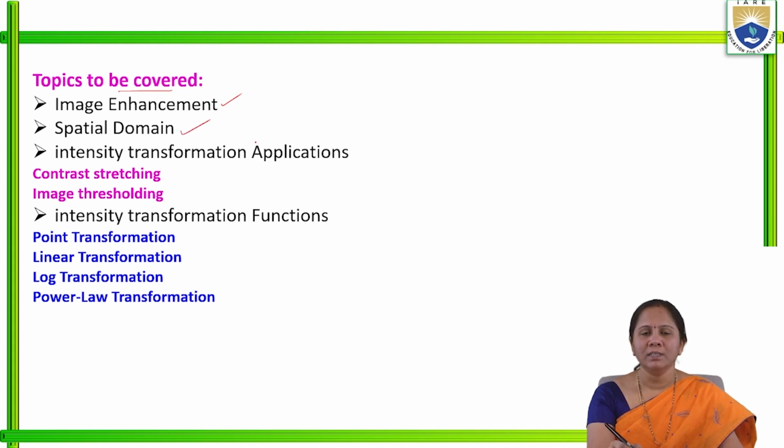As we are learning about module 2, which is image enhancement, we will learn image enhancement in two domains: one is spatial domain and the other is frequency domain. Now we will learn about spatial domain. What is spatial domain? How to represent an image in the spatial domain? What are different techniques in the spatial domain in order to enhance the image?